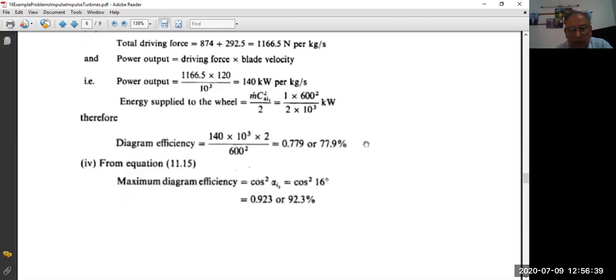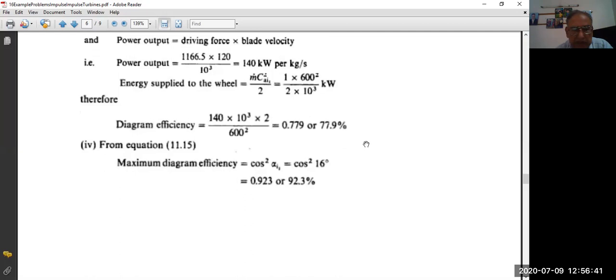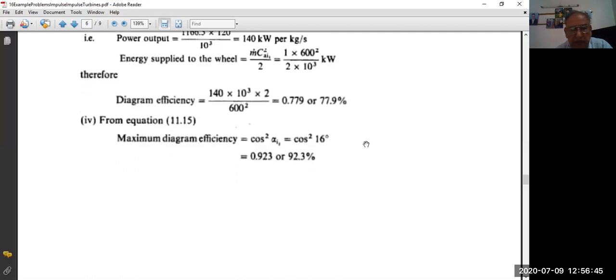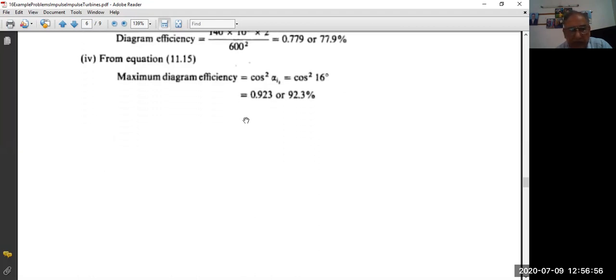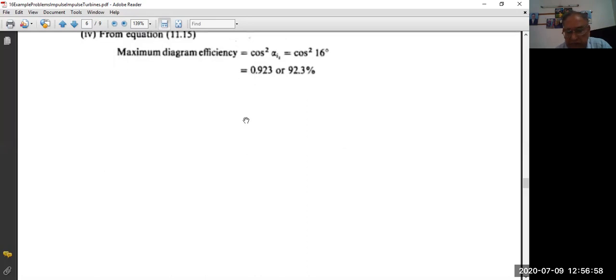Power output is given as CB multiplied by delta CW, and energy supplied to the wheel is m dot CI square by 2. So diagram efficiency is equal to power output divided by energy supplied to the wheel, and this is 77.9% diagram efficiency.